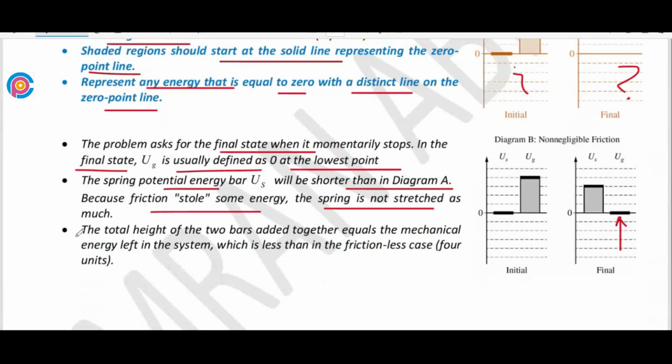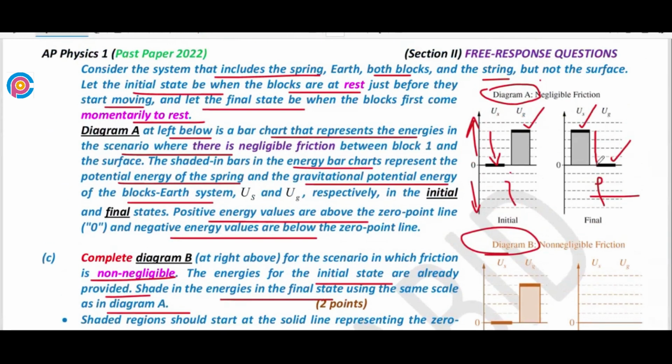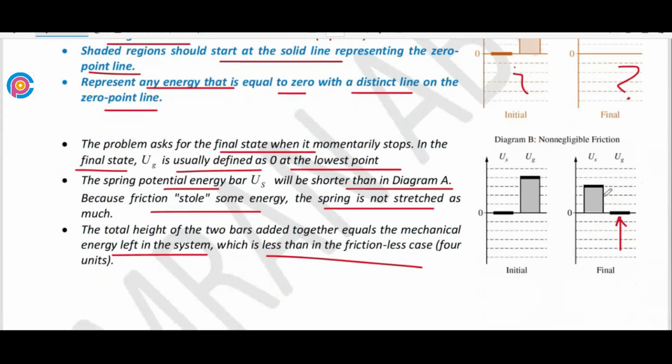The spring is not stretched as much as in scenario A. The total height of the two bars added together equals the mechanical energy left in the system, which is less than the frictionless case. In the frictionless case you can see a 4 unit bar, while here there is a total of 3 units, so that is less than the frictionless case.